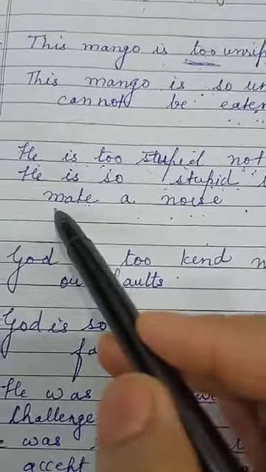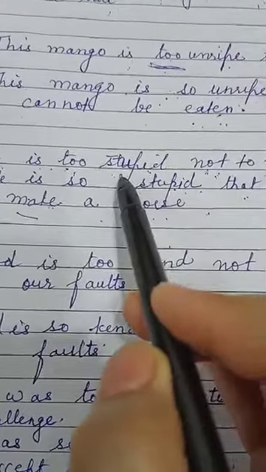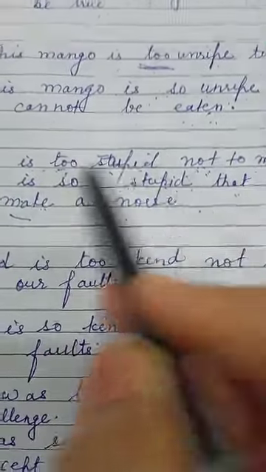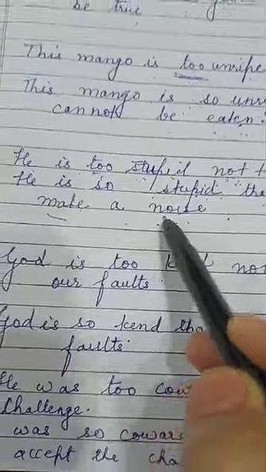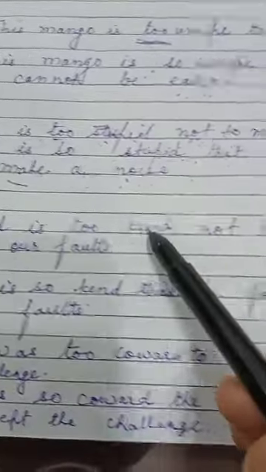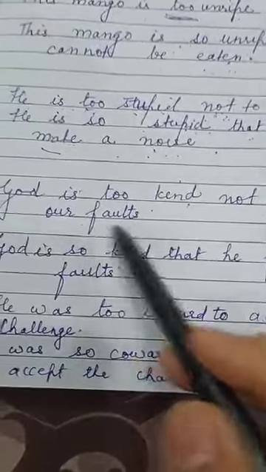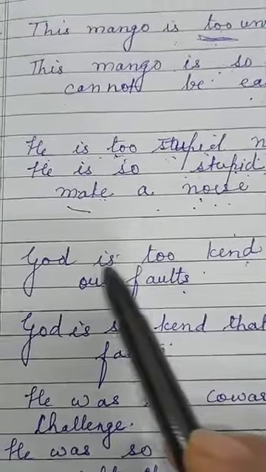But why have we used "he can make" here? Because the previous one has two negatives. One is in "too", the other one is "not". So these two negatives will make it a positive sentence. One more example here. God is too kind not to forgive our faults. Again, read the example carefully.